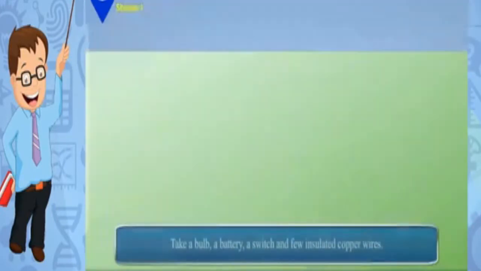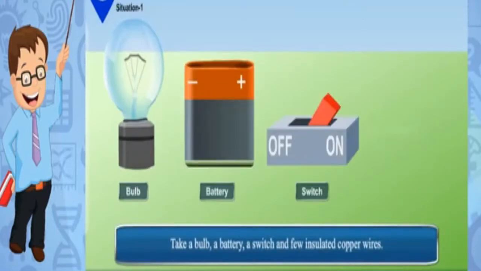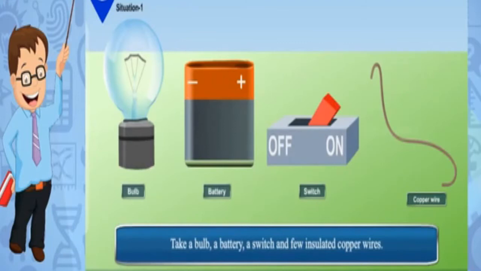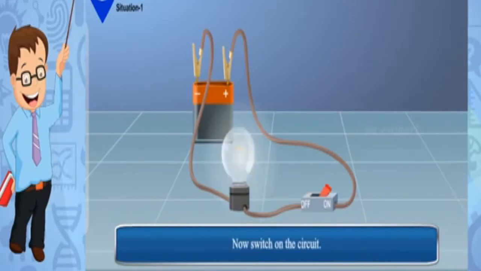Take a bulb, a battery, a switch, and a few insulated copper wires. Connect the ends of the copper wires to the terminals of the battery through the bulb and switch. Now switch on the circuit. We observe that the bulb glows.